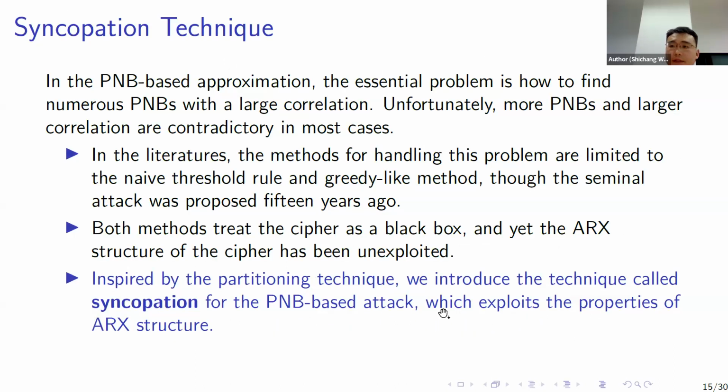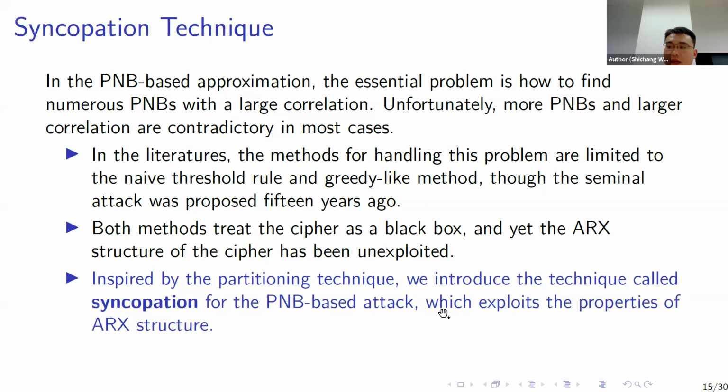Next is our new technique called syncopation. In PNB-based approximation, the essential problem is how to find numerous PNBs with a large correlation. In the literature, the methods for handling this problem are limited to a threshold rule and a gradient-like method.